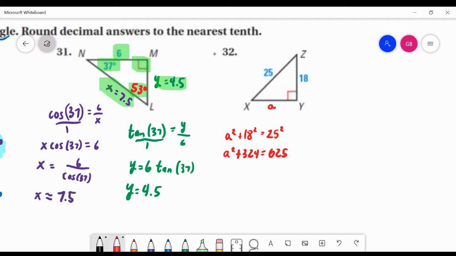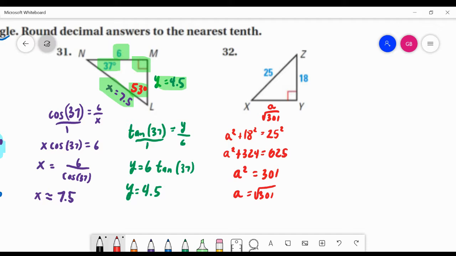Subtract 324 from both sides. So a squared is 301. So a is the square root of 301. That doesn't simplify, so we just leave it like that. A is the square root of 301.